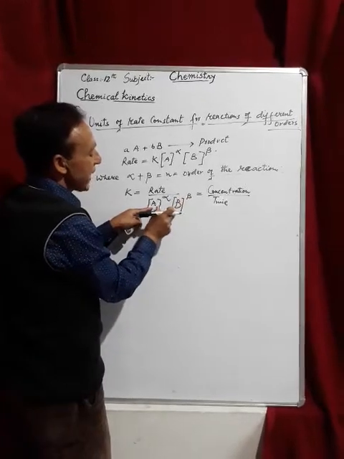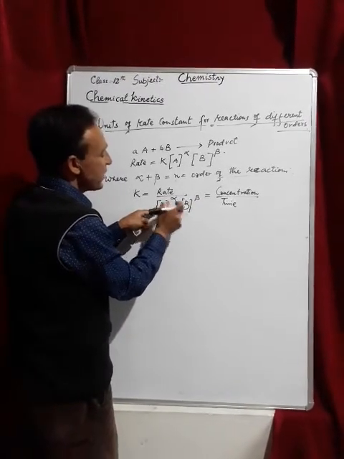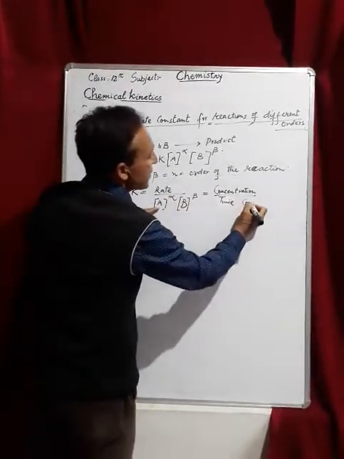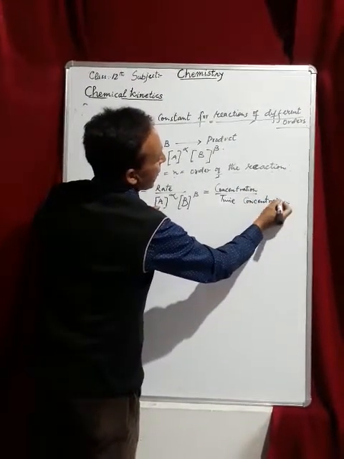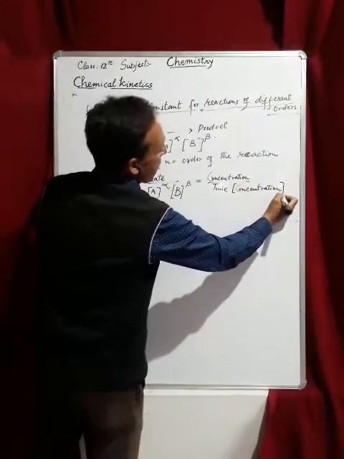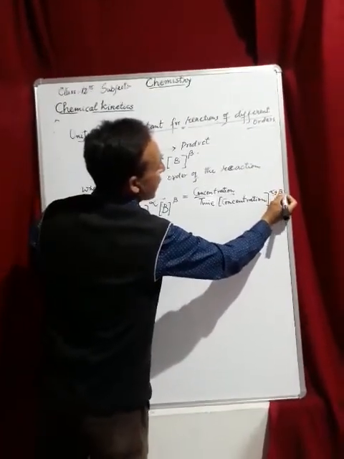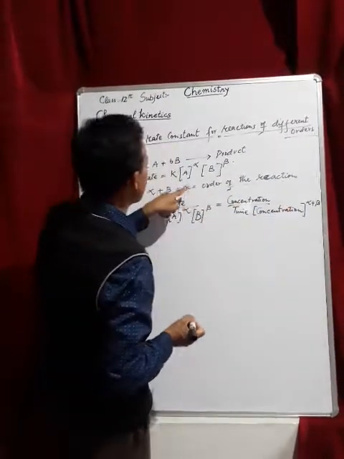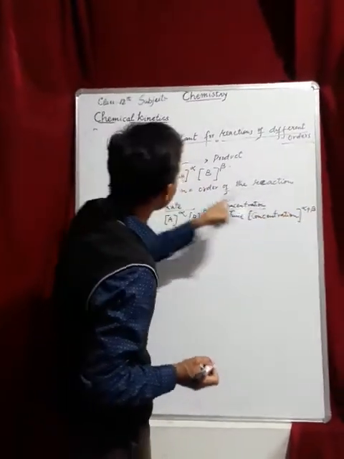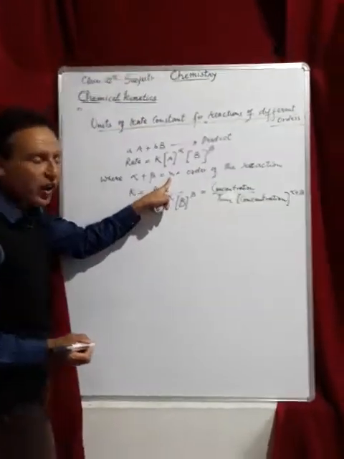So we can write concentration, bases are same, powers are added, concentration raised power alpha plus beta. But alpha plus beta determine the order of the reaction. So this is also equal to n. N denotes the order of the reaction.